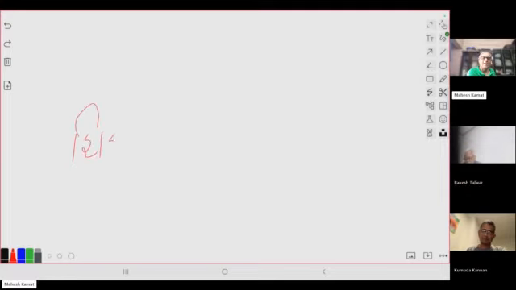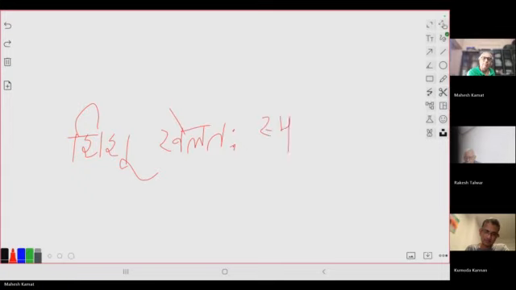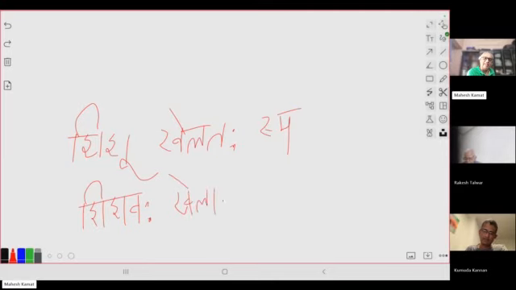What is the dvivachanam? Shishu, khelatah sma. And Bahuvachanam? Shishavah khelanti sma. Yes, Rakesh ji, a little practice is needed.